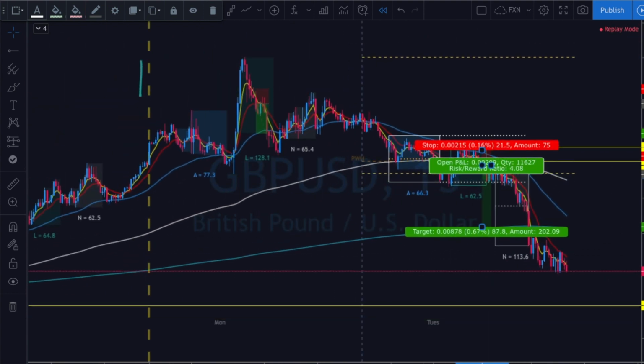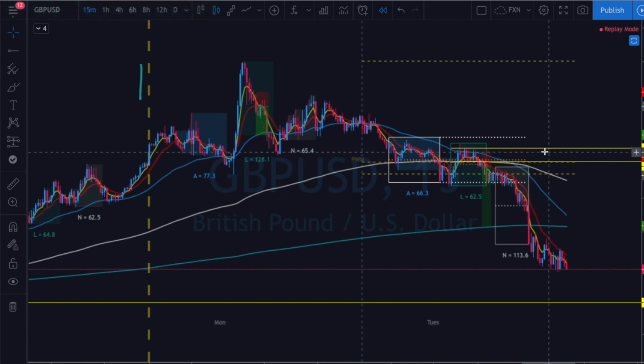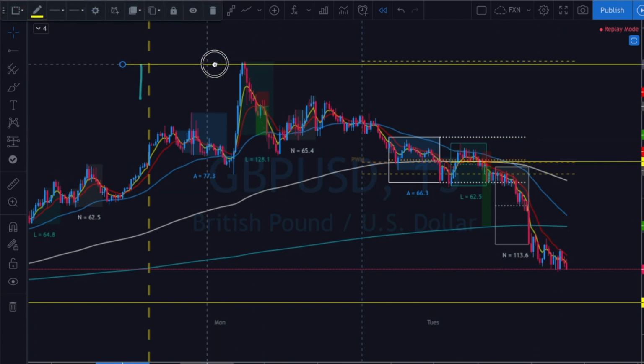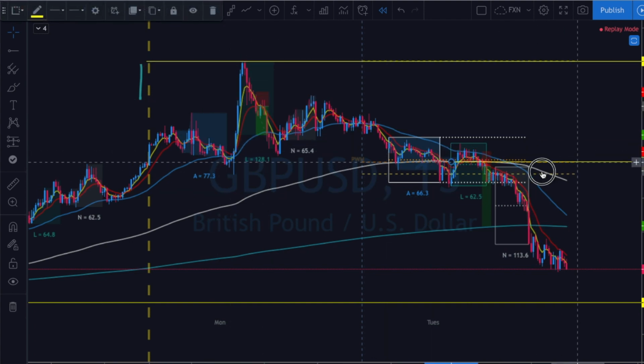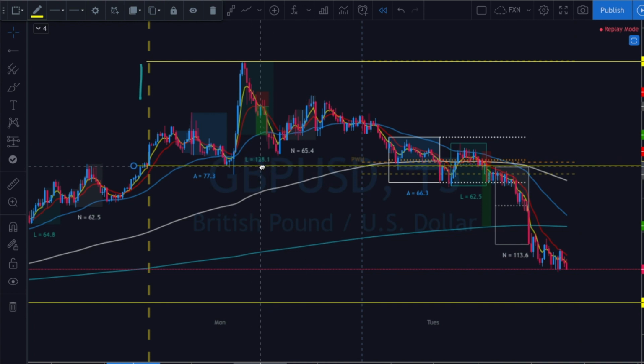Remember that the initial zone for Sunday, Monday is right here. So notice how Tuesday we basically went down the entire day, and we broke the low of Sunday, Monday.